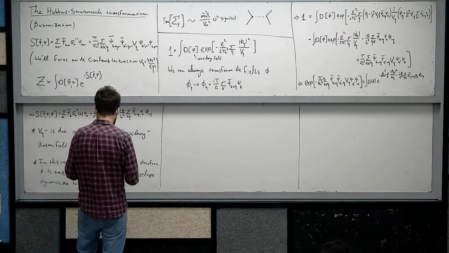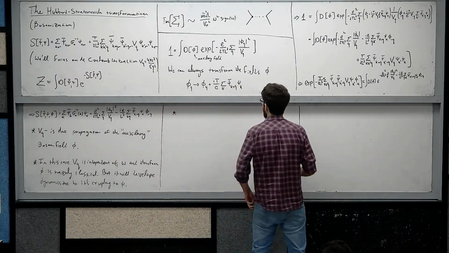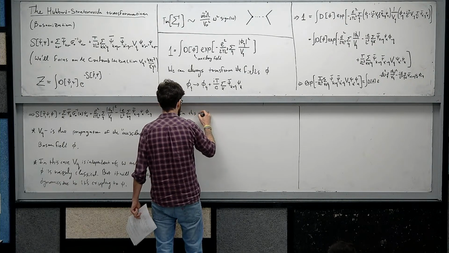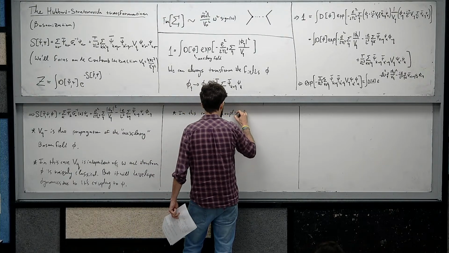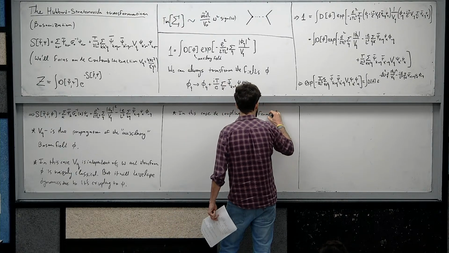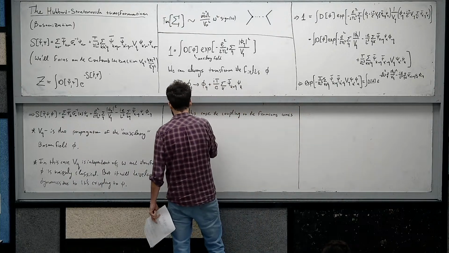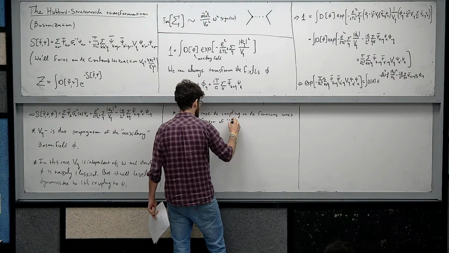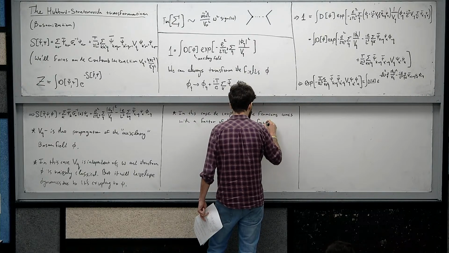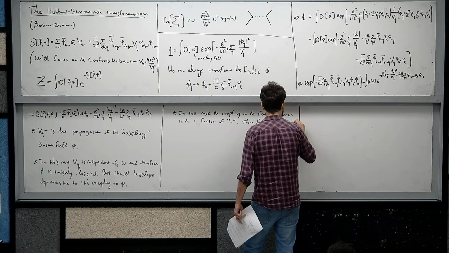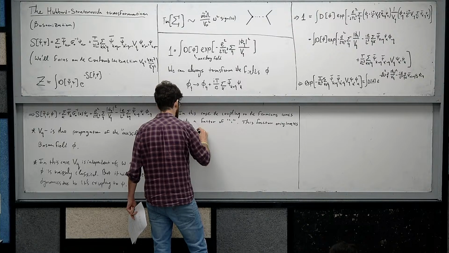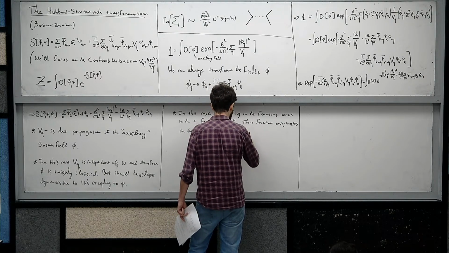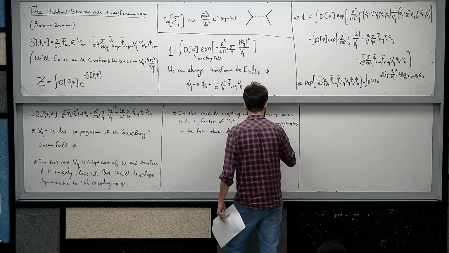Another important comment, and this is, I think, by far the deepest and most important comment, is that in this case the coupling to the fermions comes with a factor of I. This factor originates in the fact that the interaction is repulsive.